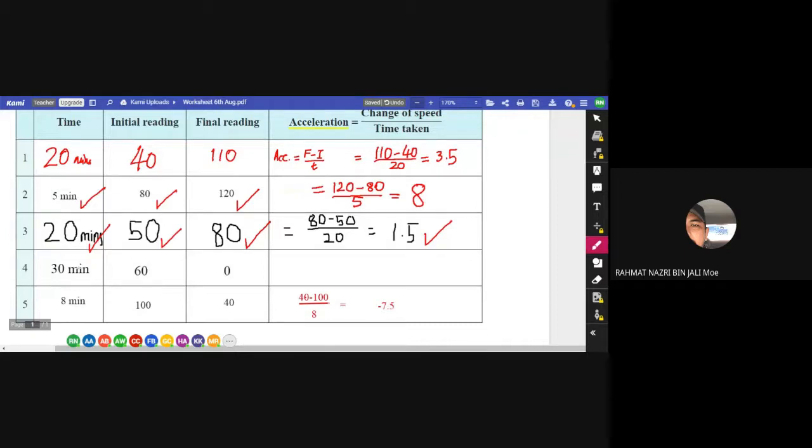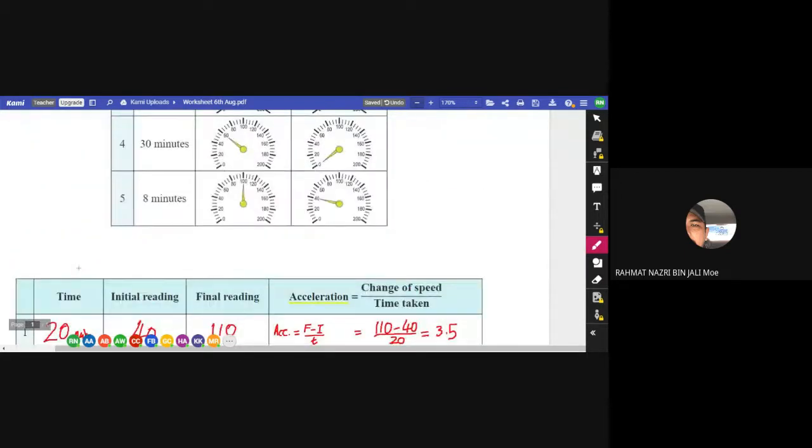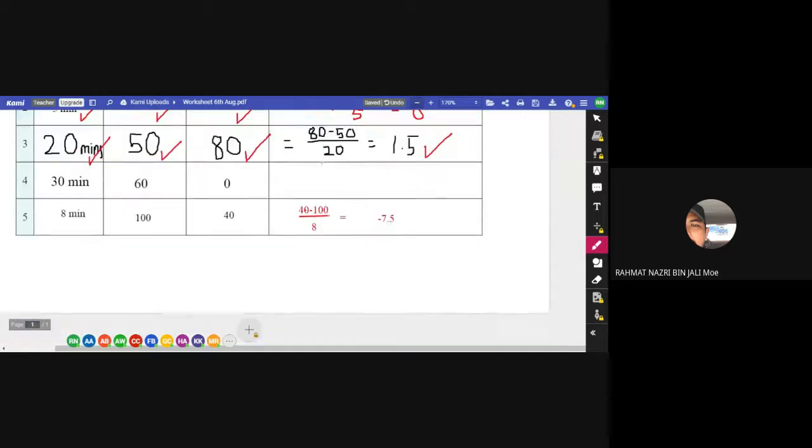Okay, number 4, with 30 minutes. 30 minutes shows 60 initial, and then the final shows 0. Okay, correct. This one correct. This one also correct.